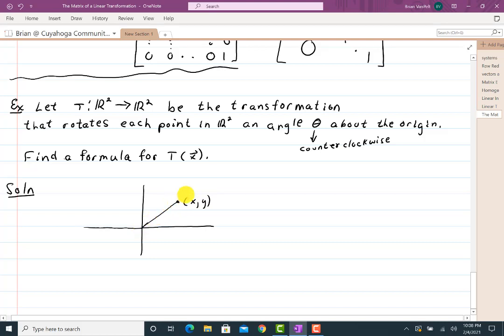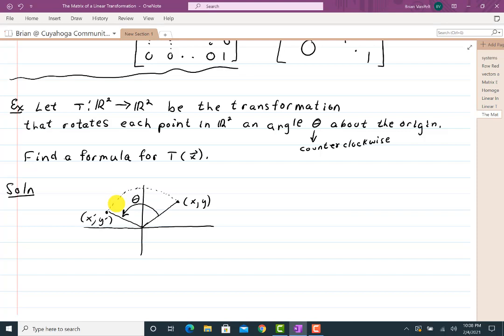Now what I'm going to do is rotate the plane by an angle of theta, like so. Then this point will follow the rotation until I guess it gets to around here. Let's call that x prime, y prime. That's a new point. And so we want a formula for the function that does that.